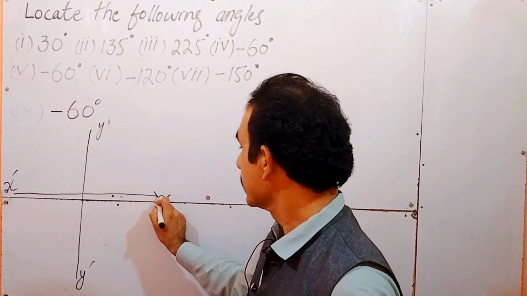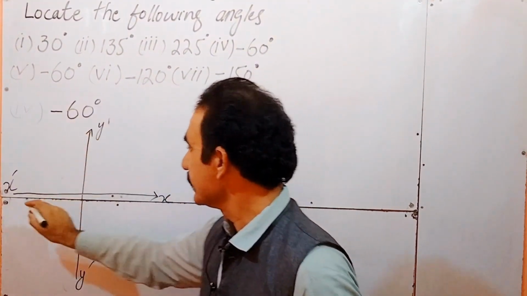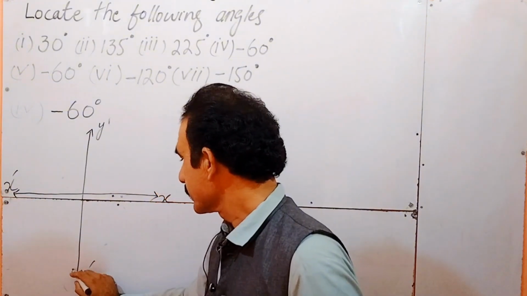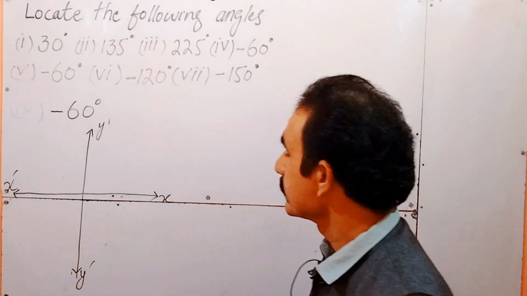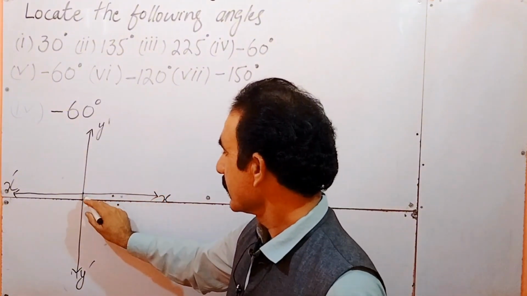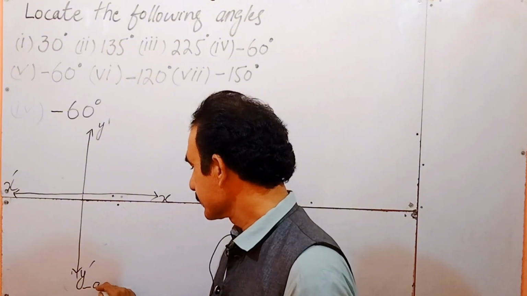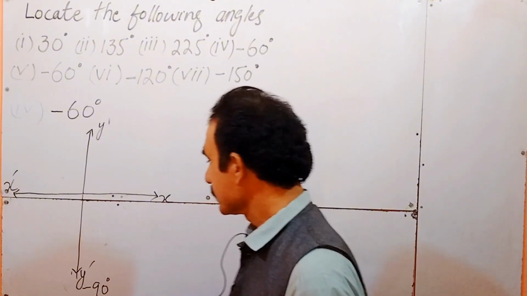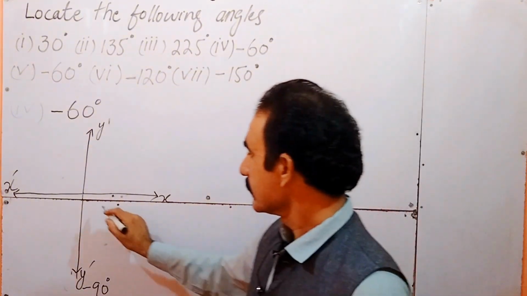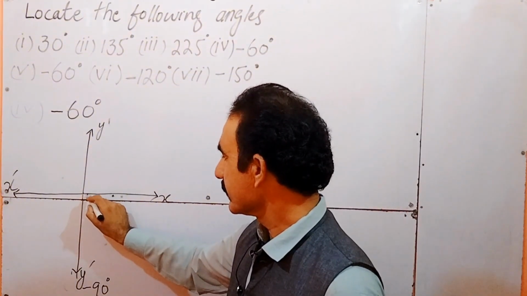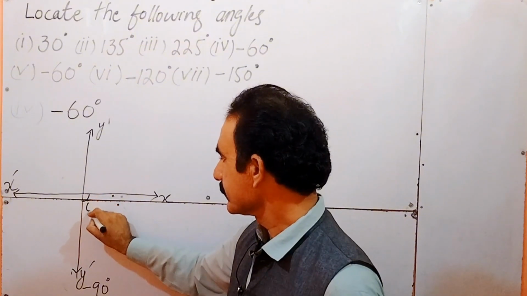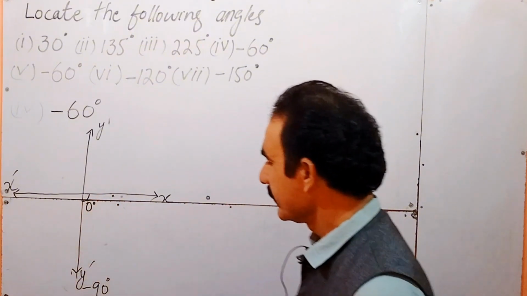We need angle of minus 60. Here is minus 90. And that is 0 point. Here is angle 0.